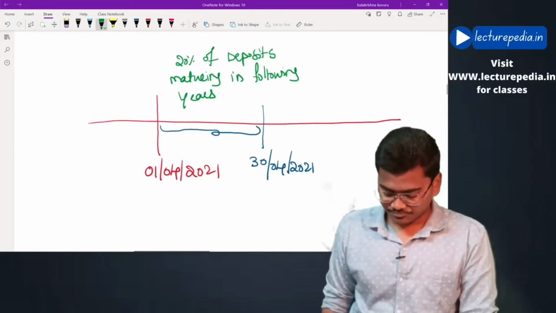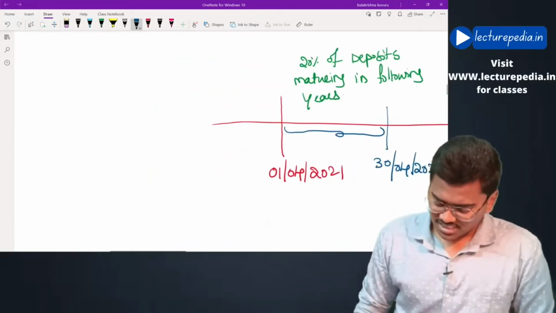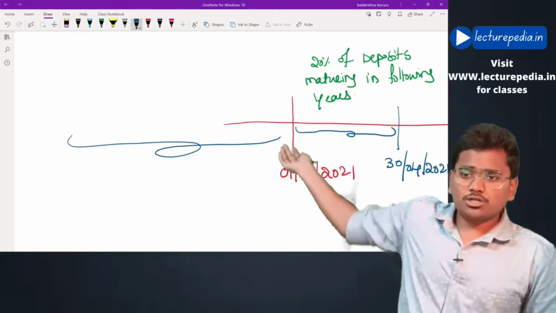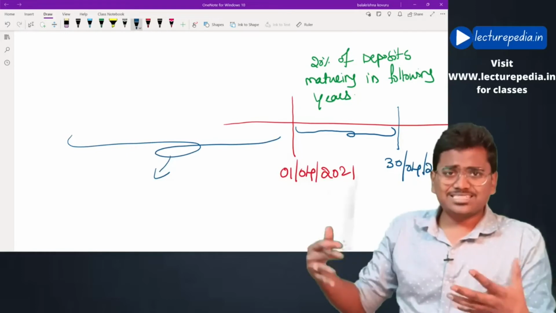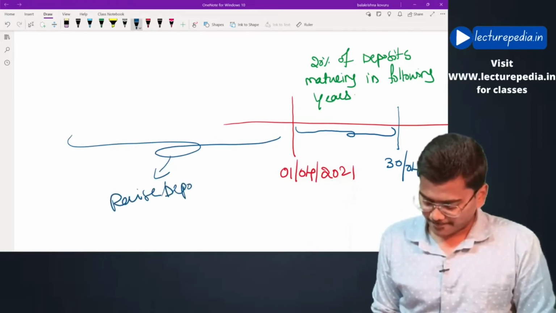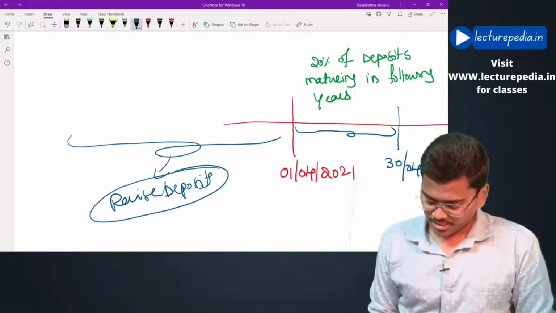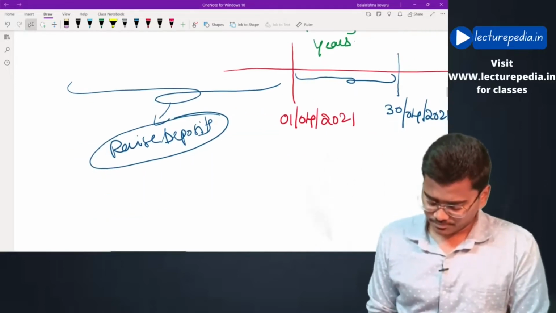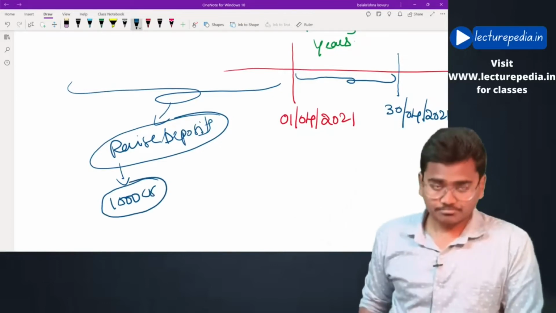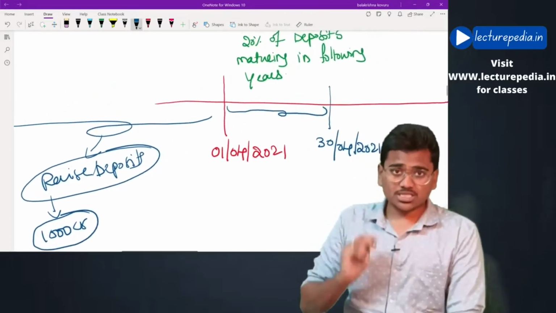That means, let's say in the period before 1st April 2021, the company could have raised some deposits. Let's say the company has raised some 1000 crore deposits.